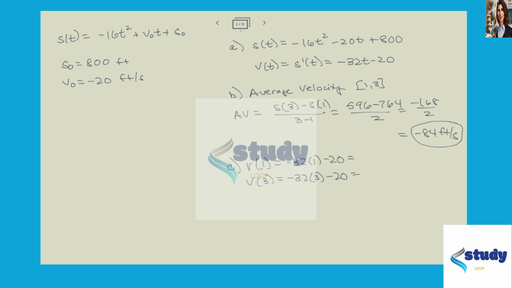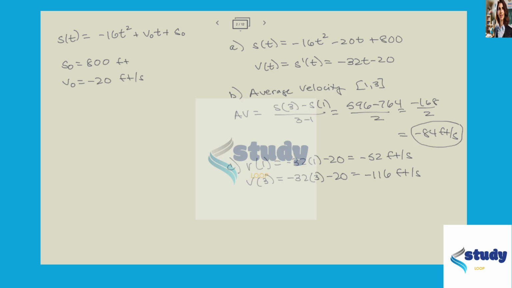Okay, so negative 32 minus 20, that's negative 52 feet per second. Negative 32 times 3 minus 20 is negative 116 feet per second.